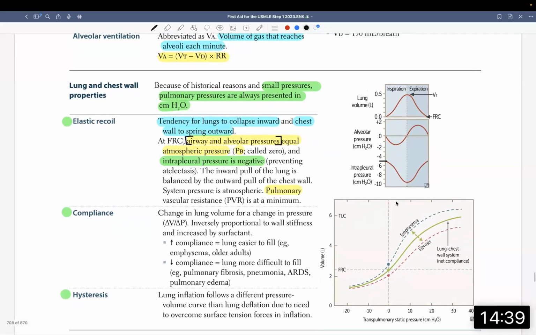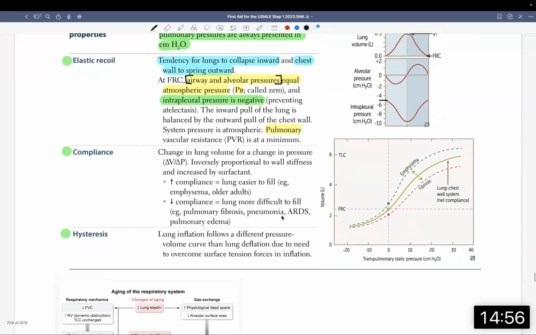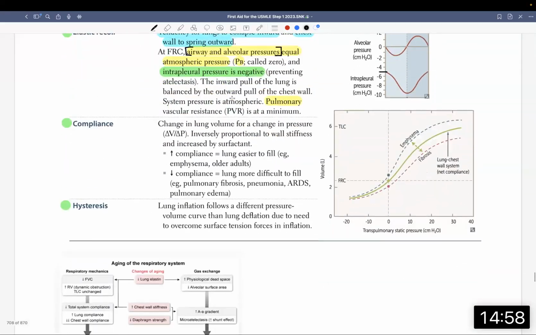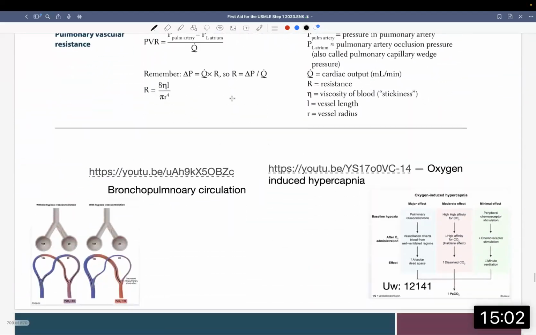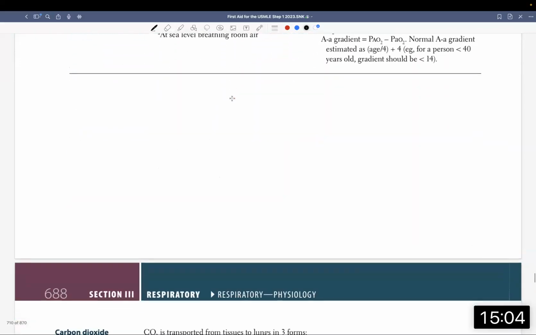It's been a while since we did column sessions. But I understood what you said and it makes sense. 15 minutes break, please? If possible. Okay, fine. Let's take a break. So we'll come back and start this lung chest wall properties again. Then let's try to do at least physio, maybe.